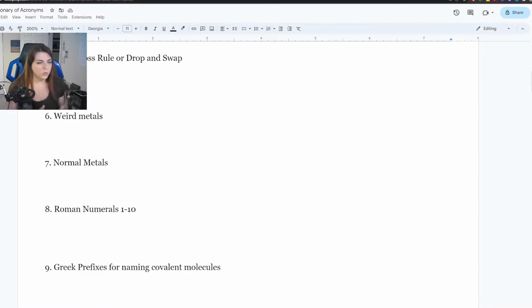Then we have the Roman numerals. Oh, you know what? One year they were really, really mean, and they asked kids to name or give the formula for vanadium V fluoride.